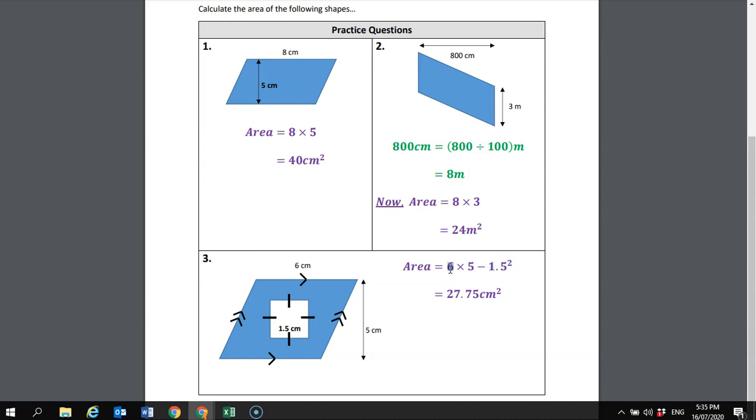So the area of the complete parallelogram before that piece has been cut out is 6 times 5, which is 30. Then we have to minus 1.5 times 1.5. In other words, 1.5 squared, which gives us something a little bit less than 30. 27.75 centimeters squared. And it's simple as that.